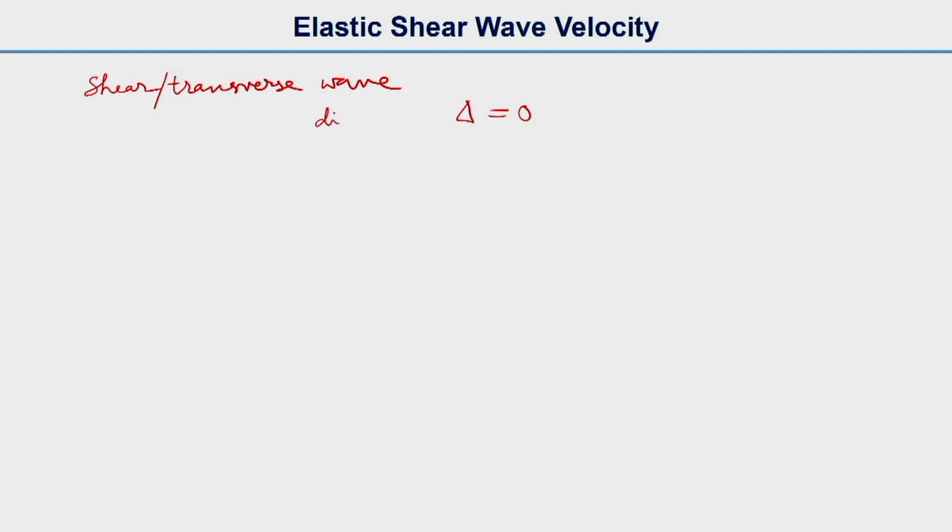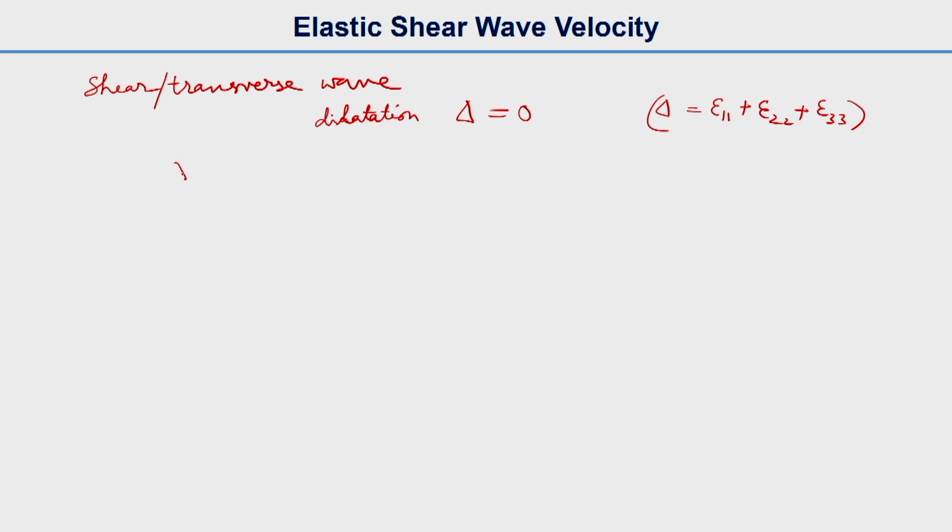The dilatation, which is epsilon 11 plus epsilon 22 plus epsilon 33, is equal to 0.